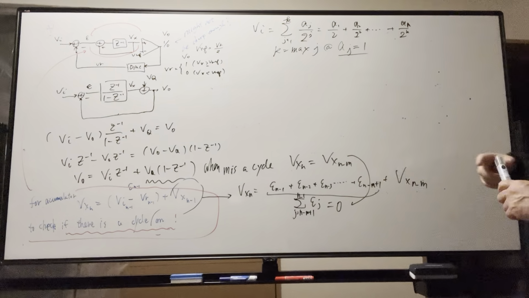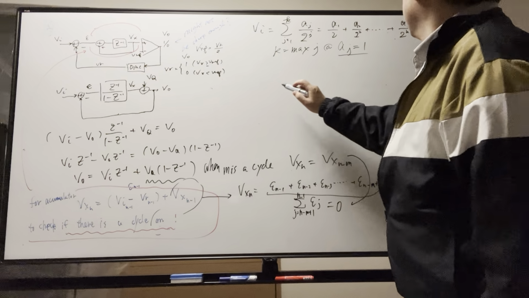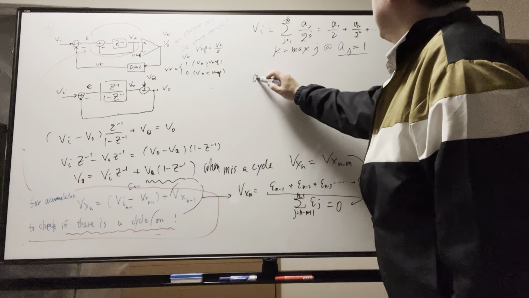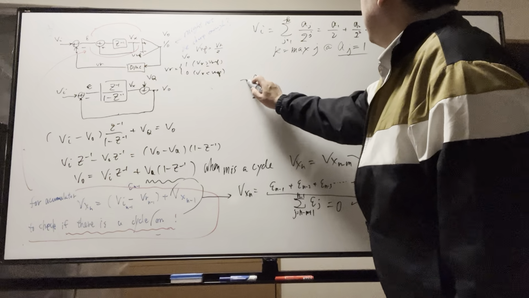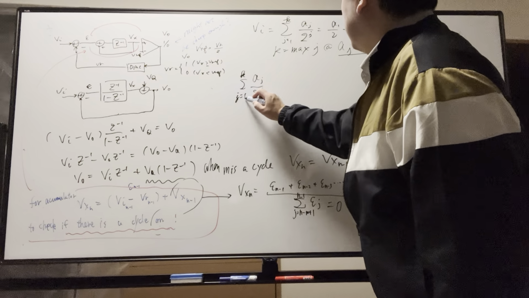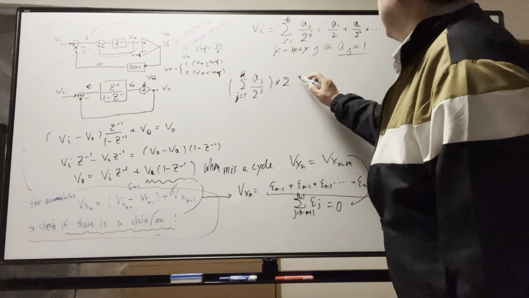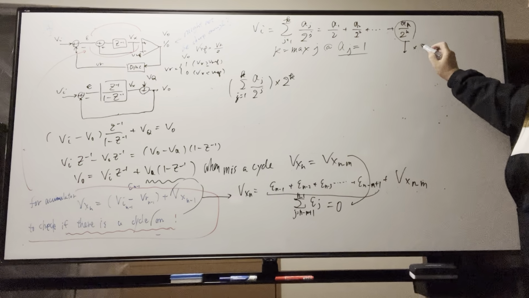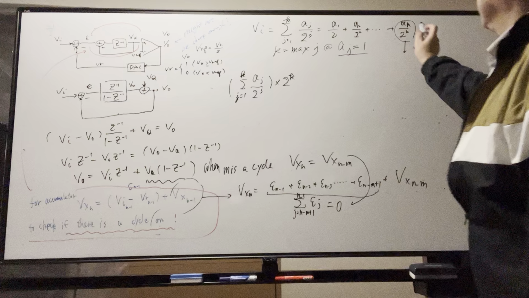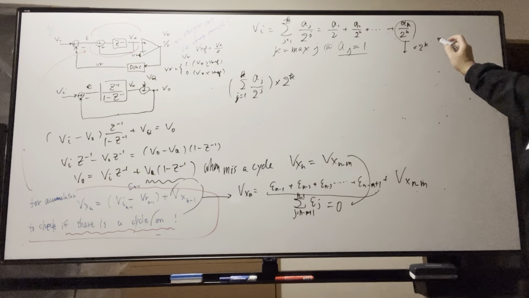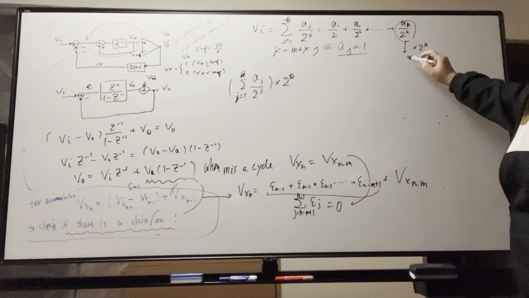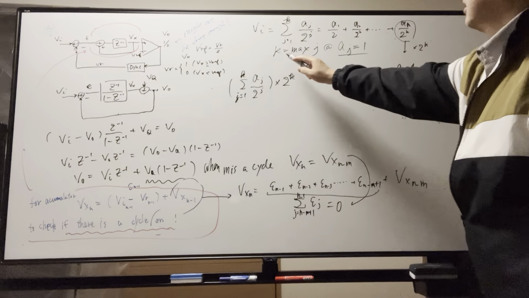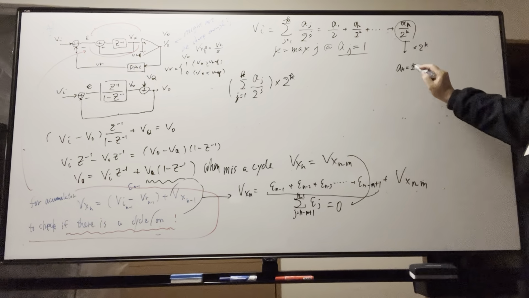Please think about this. If this is multiplied by 2 to the k, all of the terms are multiplied by 2 to the k. The minimum value is actually a sub k equals 1, because k is the maximum j for which a sub j equals 1.